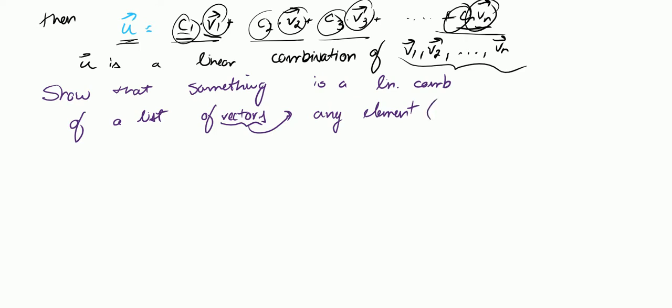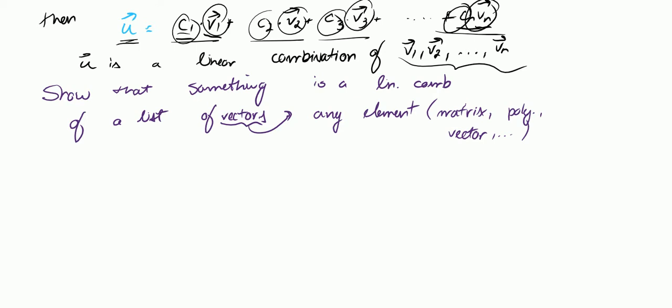It can be a matrix, a polynomial, an actual vector, and so on. Showing that something is a linear combination of a list of vectors isn't very tricky, but you just need to know the method.